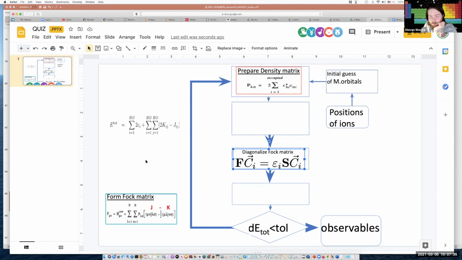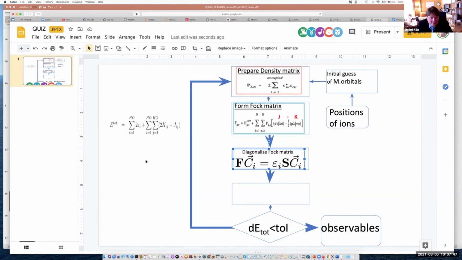To the box after prepare density matrix and before diagonalize Fock matrix. Yes, excellent. Please do. Yes, thank you. Boston, you have a 100% chance of success. Perfect, perfect.